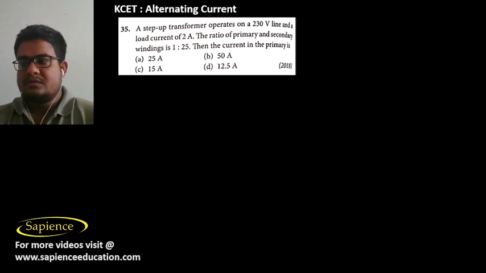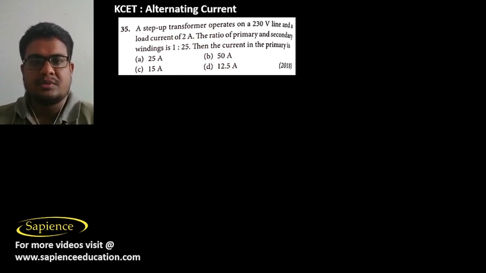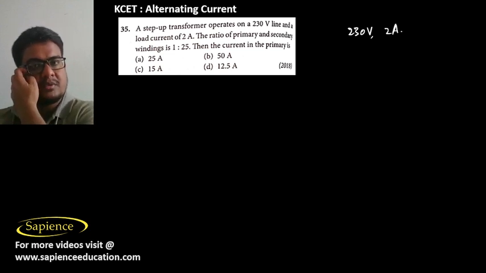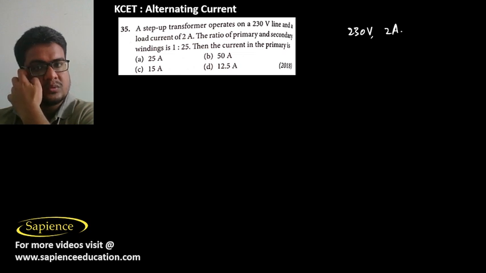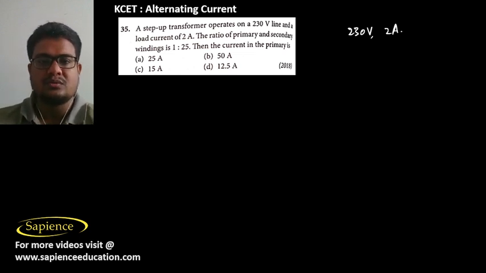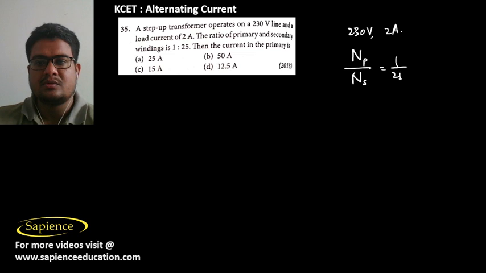Question number 35 says a transformer operates on 230 volt with a load current of 2 ampere, and the ratio of the primary to the secondary is given. So Np by Ns, the number of turns in the primary coil divided by the number of turns in the secondary coil, is given as 1 by 25.